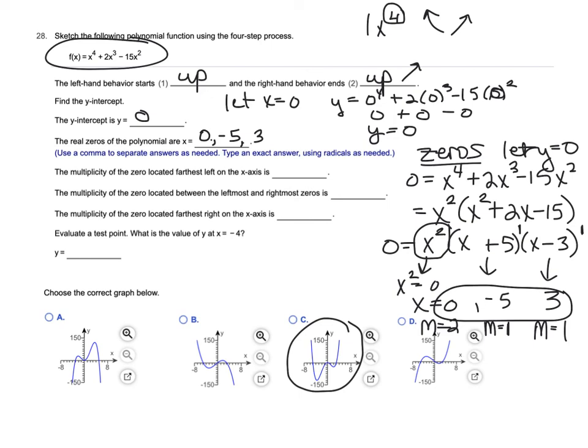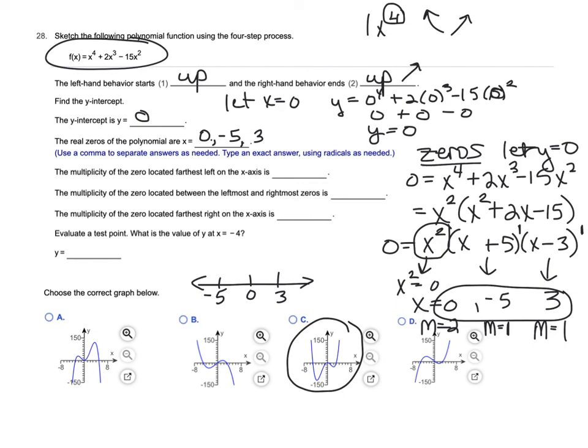The way that Pearson makes you type this in is they'll say the multiplicity of the zero located farthest to the left on the x-axis. So just make sure, we've written them out of order, but if you were going to graph it on an x-axis, negative 5 is farthest to the left. And that's the way they have to ask it, because they can't give away that 0 and negative 5 were zeros.